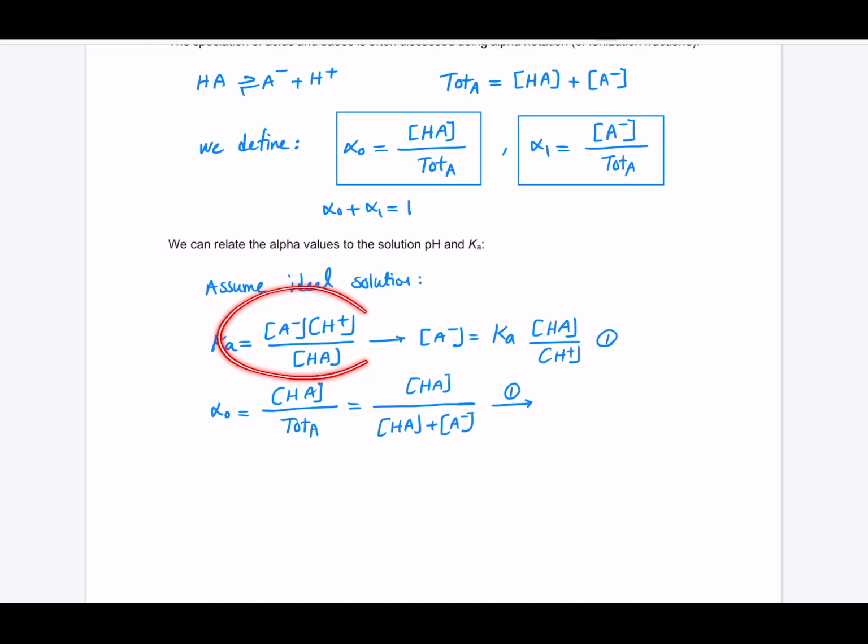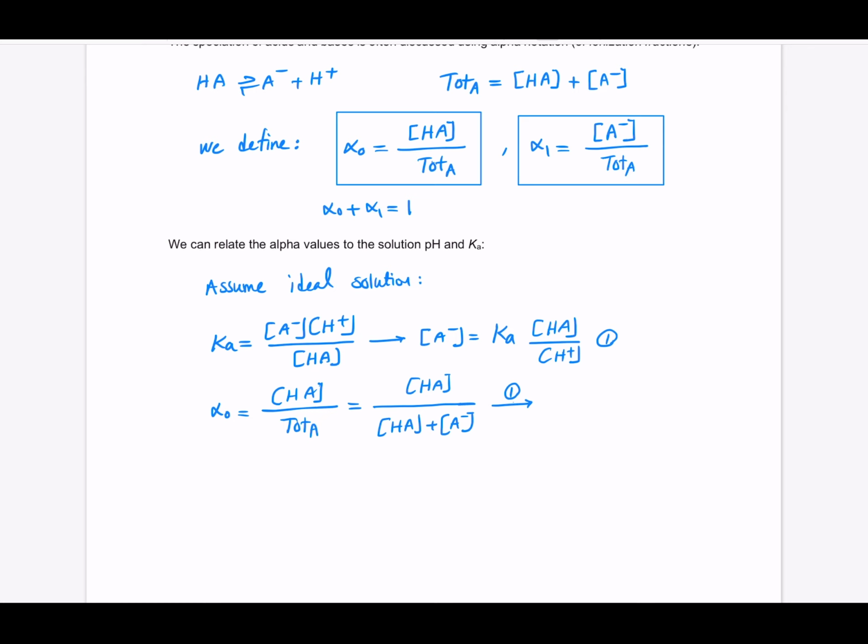So I had this expression, a Ka expression, product over reactant. Here what I did was just rearranging it. I have A minus as a function of HA, H plus, and Ka. And now I had this definition for alpha 0, expanded total A, and now I want to bring this here.